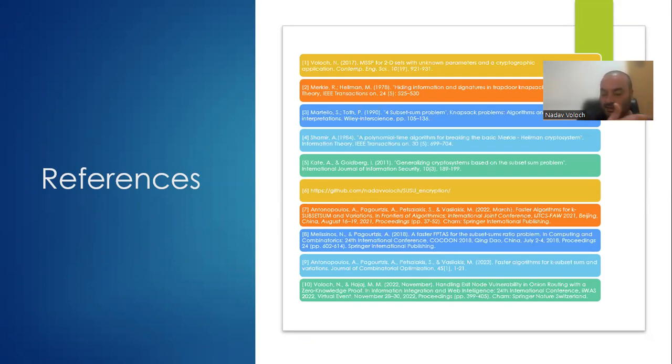And the last one is our research from last year, from 2022, about the Tor encryption. And in 6.6, you have the link to our Git project of the code itself, of all the implementation of the crypto system.